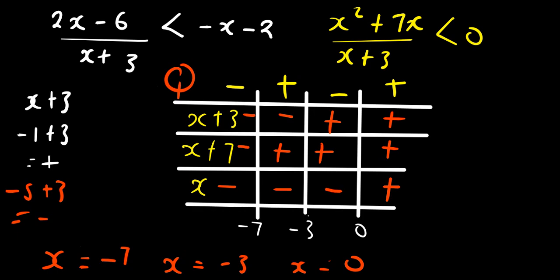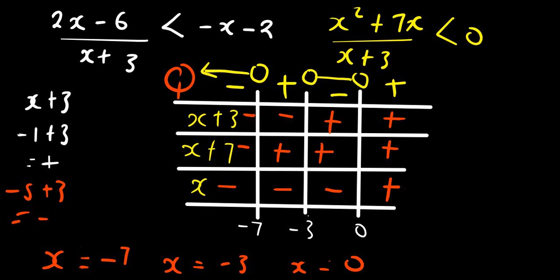Okay, so now what will be our solution set? We're saying this should be less than 0. So it means you want negative numbers. Now because it is less than, not equal to, the endpoints will not be included. So you're going this side in the negative direction, and you're also going from here to here. Only the negative ones.